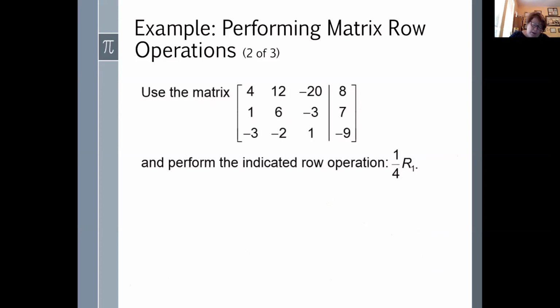So what do we get? 1/4 times 4. That would be the first row, first column. 1/4 times 12. That would be the first row, second column. 1/4 times -20. And 1/4 times 8. And the other two rows stay the same.